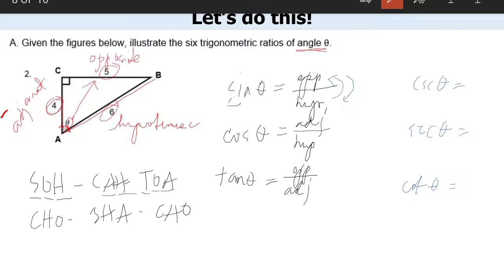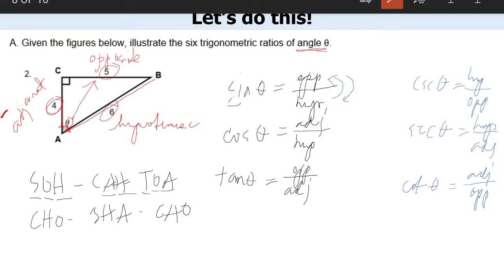For cosecant theta, we have hypotenuse over opposite. For secant, we have hypotenuse over adjacent, and for cotangent, we have adjacent over opposite. Okay, so let us now illustrate the 6 trigonometric ratios based on this figure.